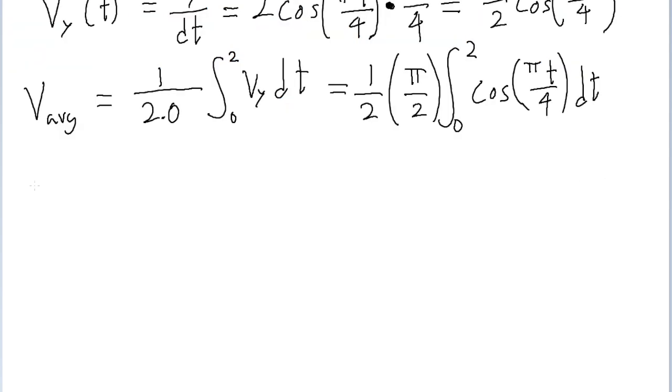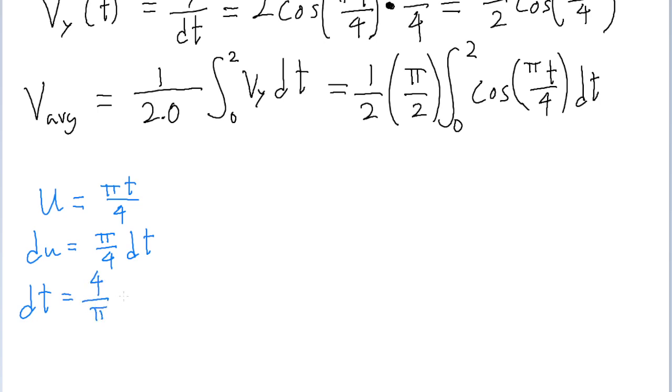We can solve this integral using u substitution. So we'll say that u is the contents of the cosine function. So u is equal to pi t over 4, which means that du is equal to the derivative of this with respect to time, so pi over 4 multiplied by dt, which means that dt is equal to 4 over pi, all multiplied by du.